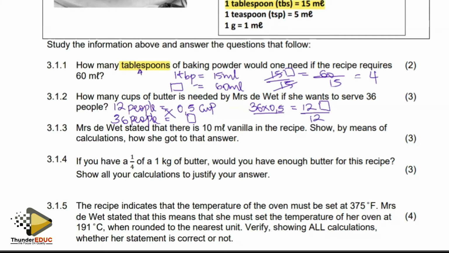I divide through by 12. 36 times a half, I get 18. So 18 divided by 12, I have 1.5. So she will need 1.5 cups.